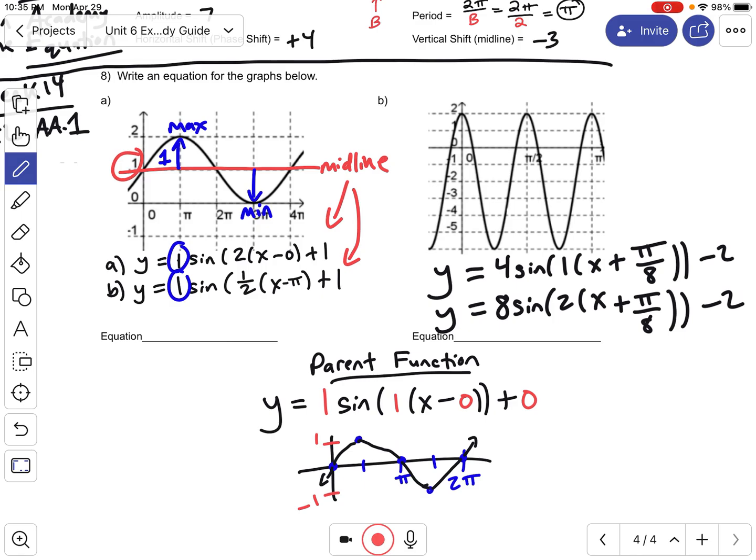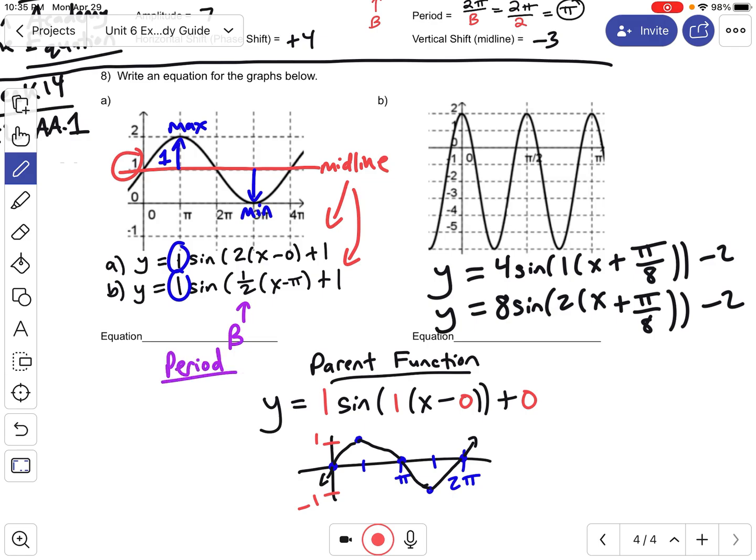Another thing you could check is this value right here, which is your B value. When you look at the B value, you want to make sure that it satisfies the condition of the period.